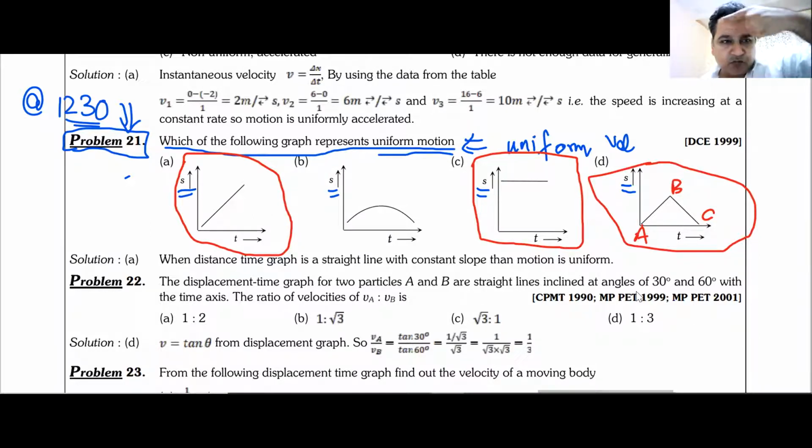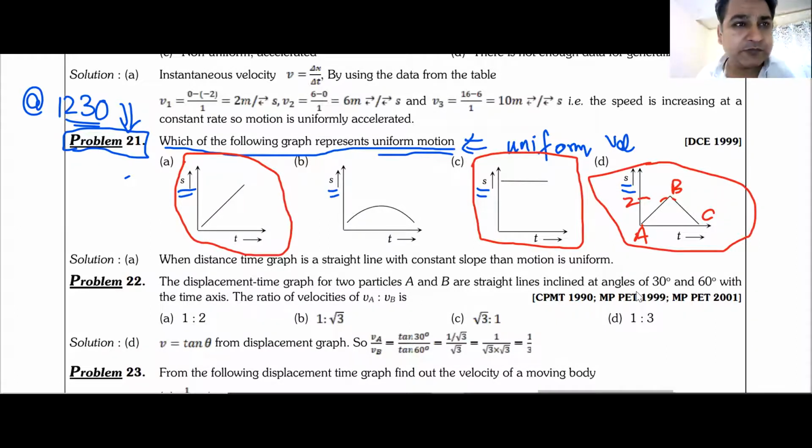That means the body is moving in the positive direction from 0 to some point. Let us say, 2 meters. So it moved from 0 to 2 meters. From B to C, the particle is at 2 and started moving towards 0.